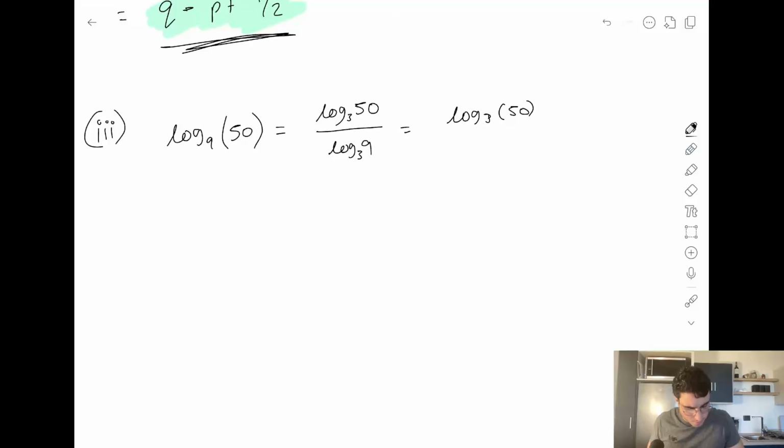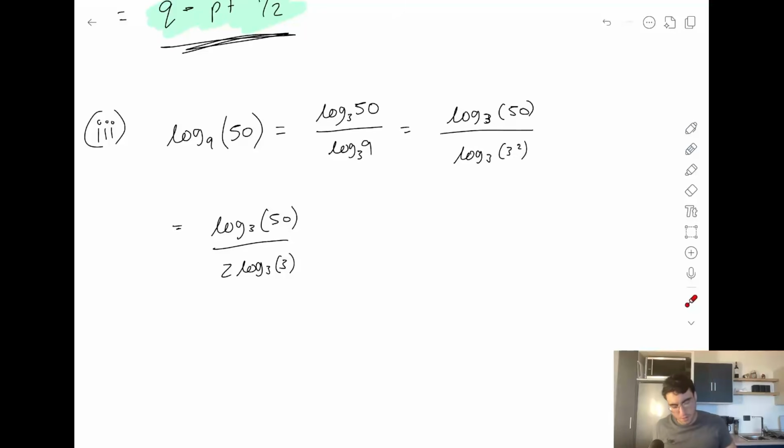Log base 3 of 50 over log base 3 of 3 squared, which gives me log 50 over 2 log 3. What must 3 be raised to get 3? 1. So we get a half log 50.